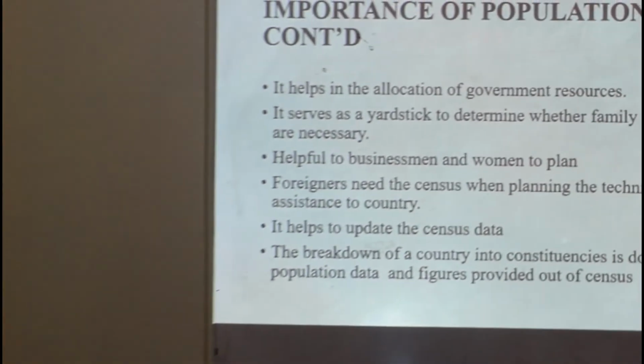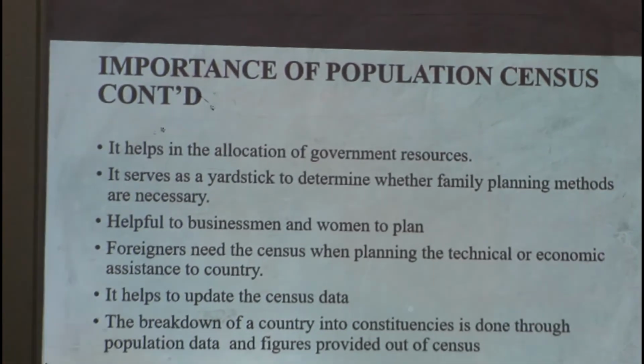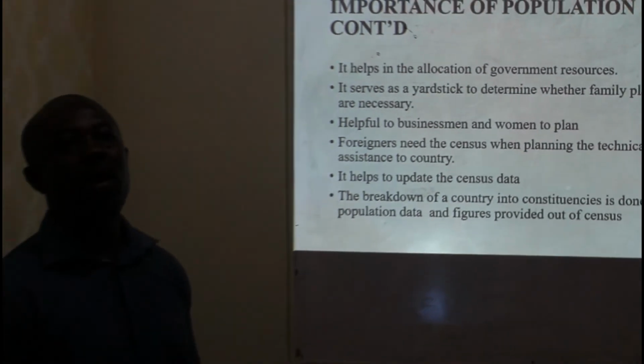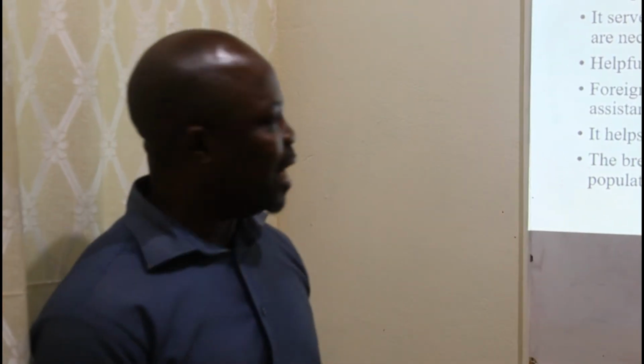The breakdown of the country into constituencies is done through population data. And that is very important. As Ghanaians, we know that in the Fourth Republic, the constituencies and districts have increased over time. And they do that with population data, among other factors that the people who do this consider.